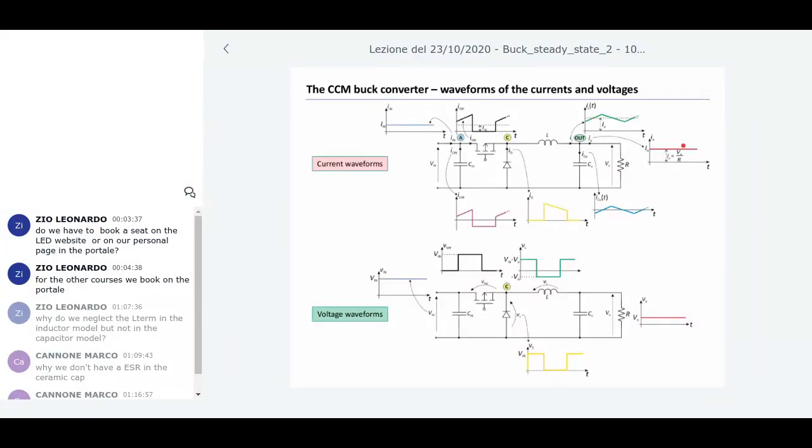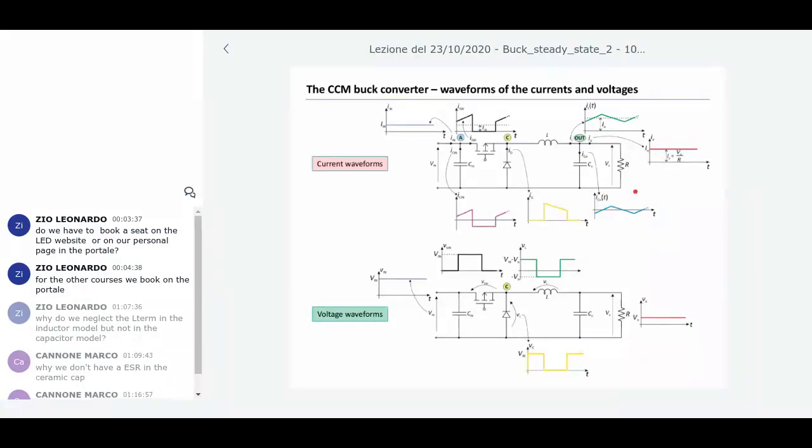I have a load current, and this load current is constant because the output voltage is constant, so it is V naught divided by R. The current flowing to the output capacitor has no DC value, so it is simply the inductor current minus its average value.